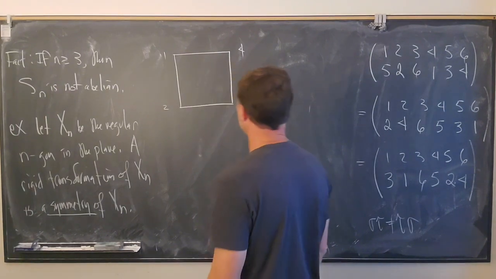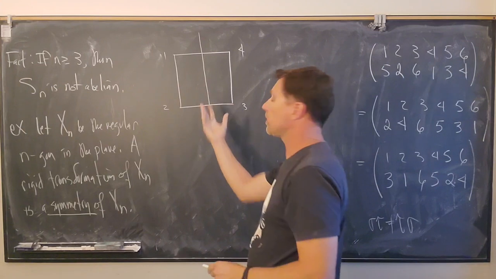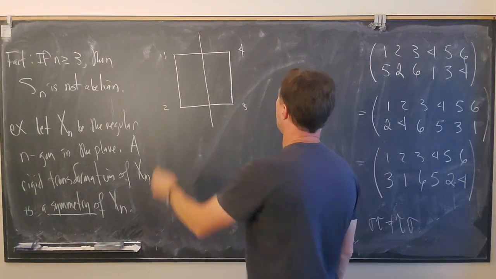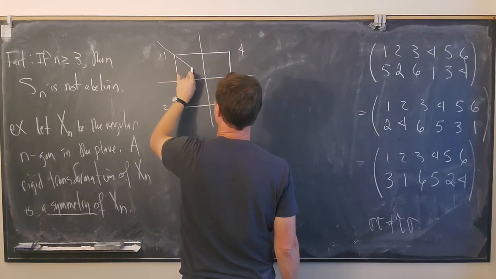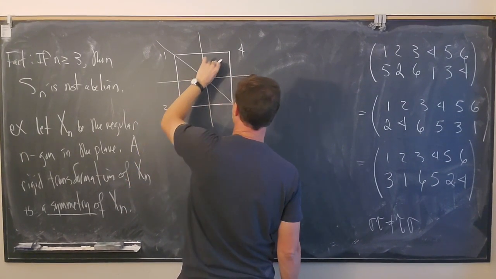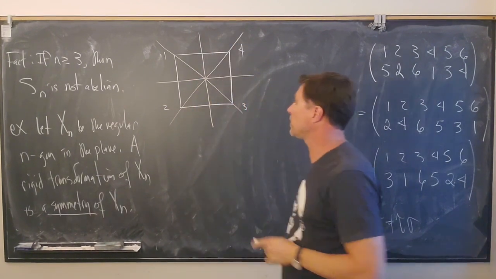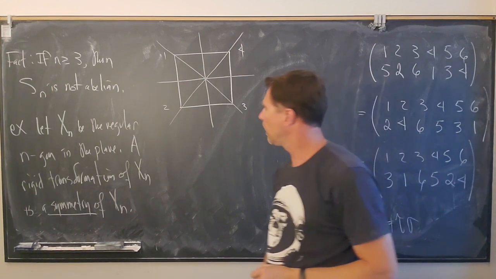Now let's see, what could we do? Well, one thing we could do is flip it vertically. We could also flip it horizontally, and we could flip it about a couple of diagonal axes also. So there's 4 different symmetries of x sub 4. What else do we have?